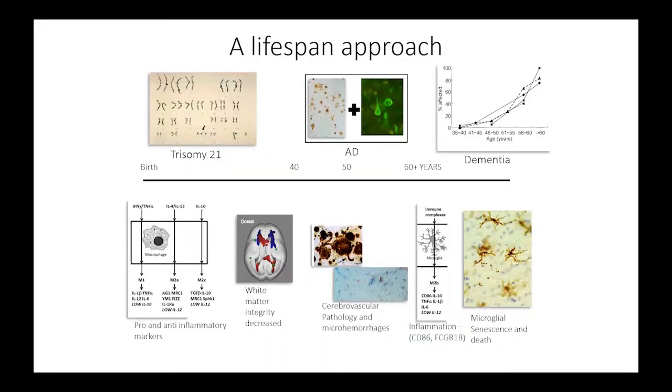So the way I've been conceptualizing this is to put all of these neuropath pathways into an aging axis type of format. So here's the original image I showed you where we're seeing frank AD pathology by 40, signs of dementia in their 50s.